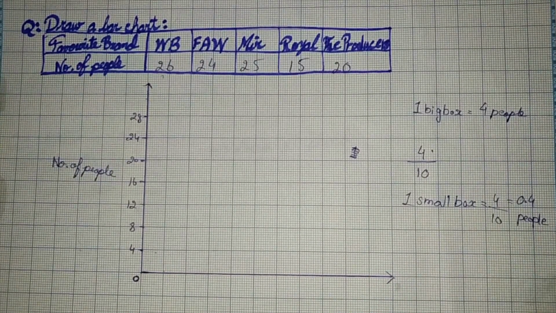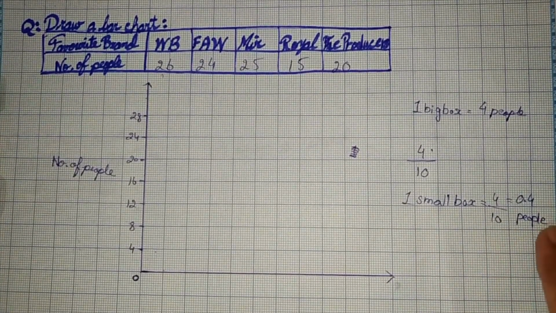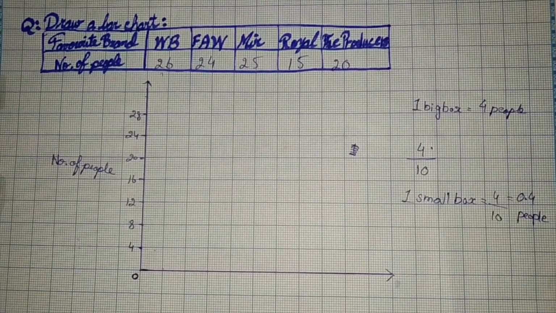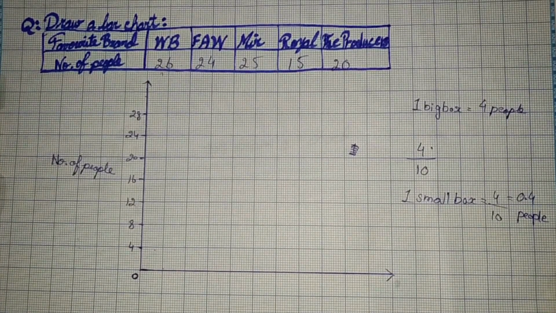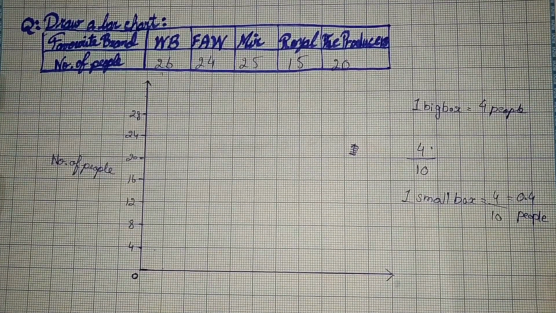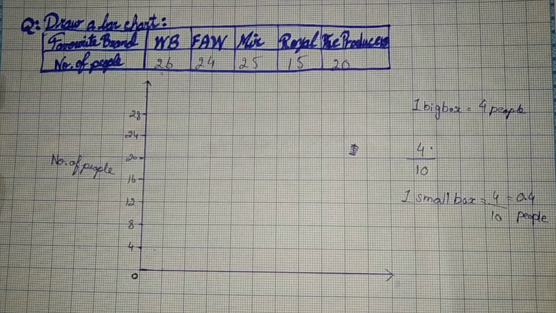So a small box is representing 0.4 of a person. It means that here we have not a whole person, but a part of a person. A small box is representing a part of a person, so actually we have no complete person.